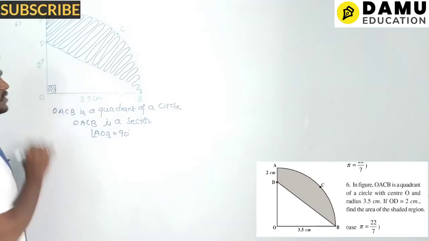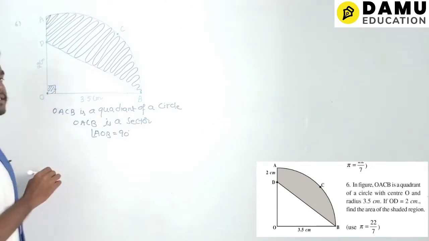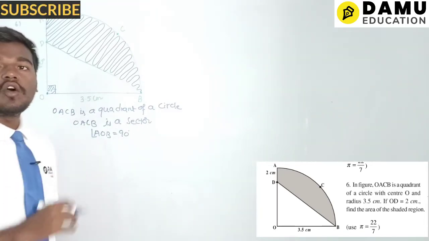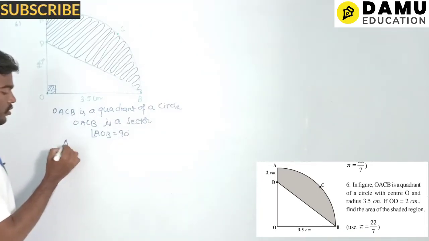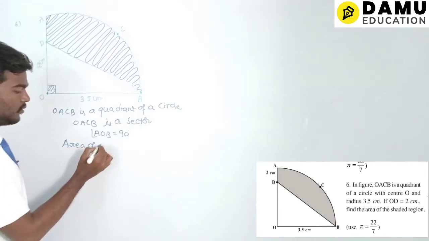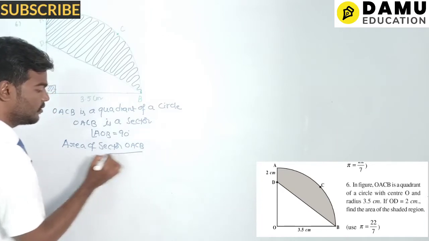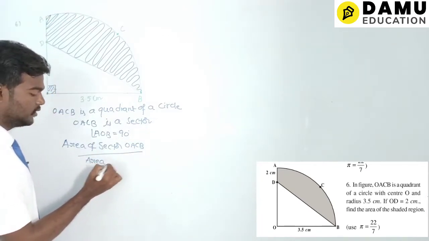So this is 90 degrees. At the center of the circle it's making 90 degrees. Then what is the area of the sector? Area of sector OACB by area of circle.